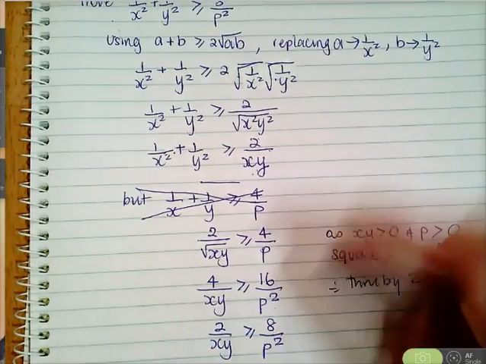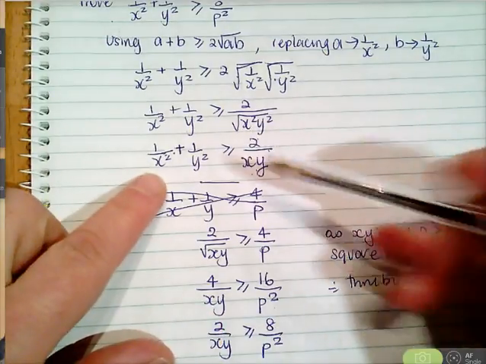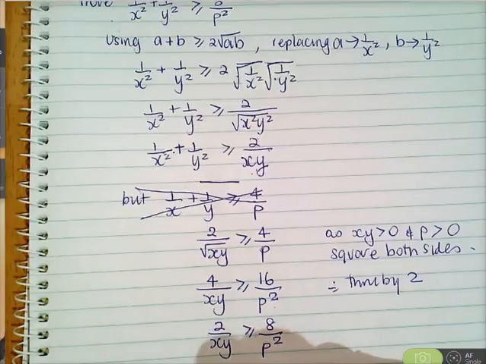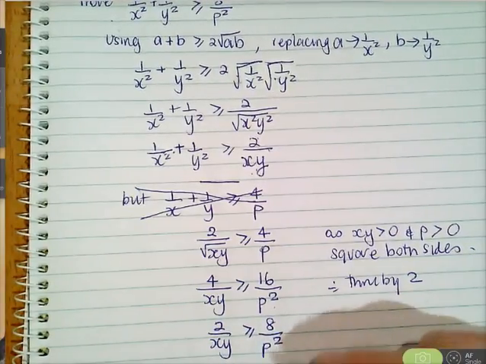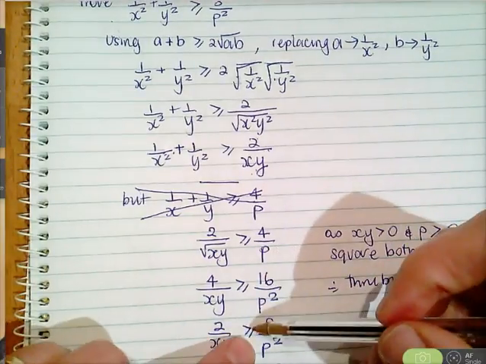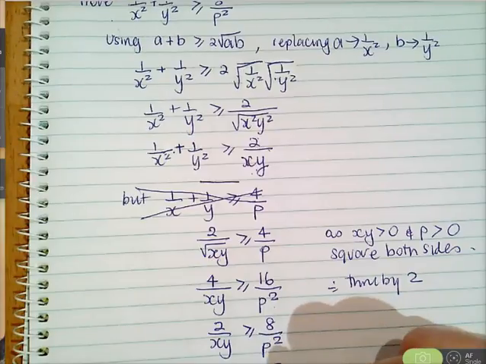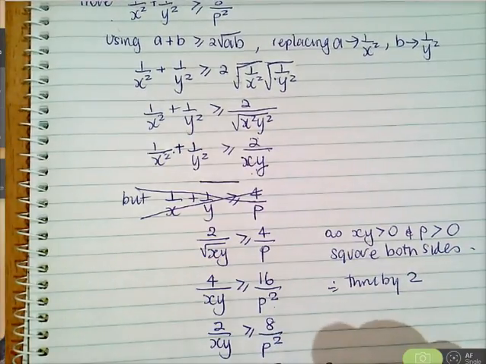So therefore, I've got my middle link. Making sure that it's written the same way as that, and it is. So therefore, we can say that 1 over x squared plus 1 over y squared is greater than or equal to 2 over xy, but 2 over xy happens to be greater than or equal to 8 over p squared.